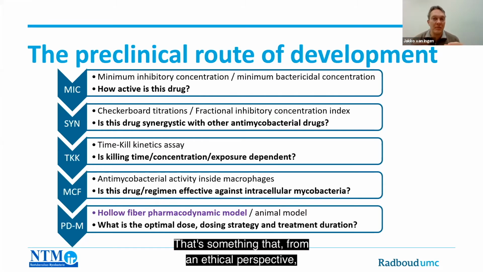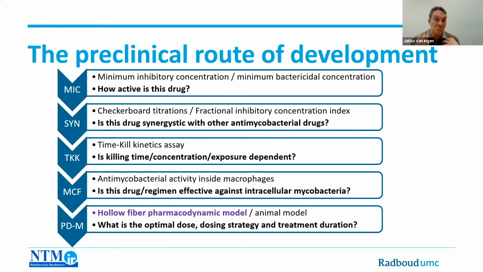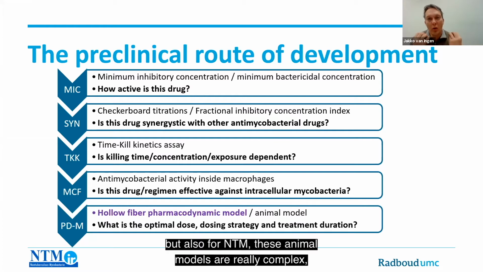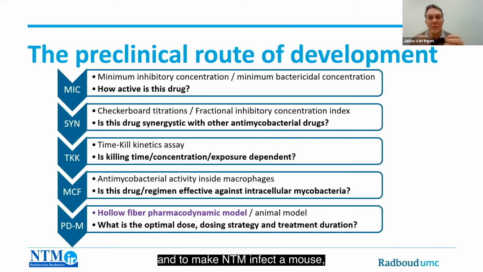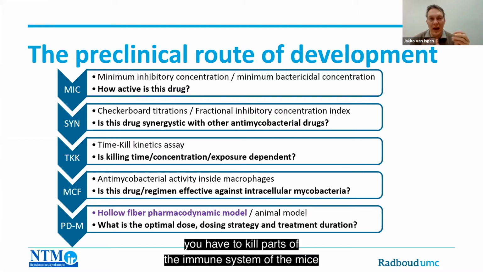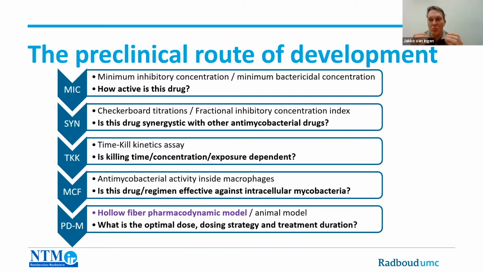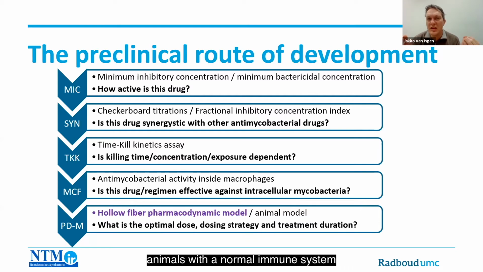That's something that, from an ethical perspective, we do not like, but also for NTM, these animal models are really complex, because a mouse simply is not a human, and to make NTM infect a mouse, you have to kill parts of the immune system of the mice. So they're no longer animals with a normal immune system.